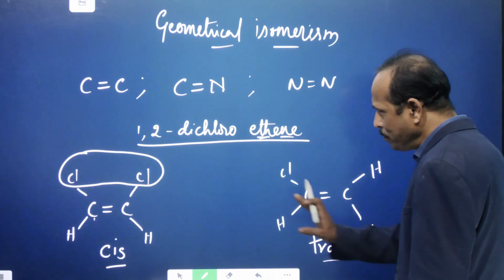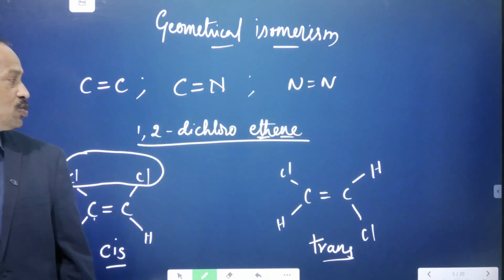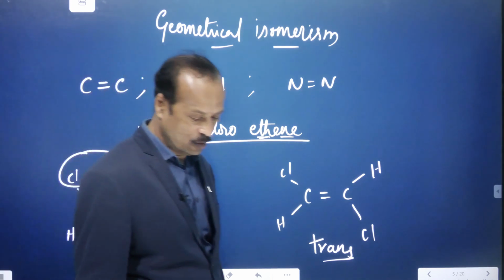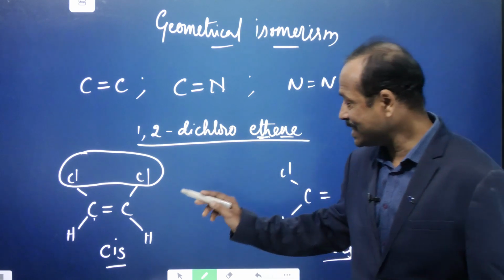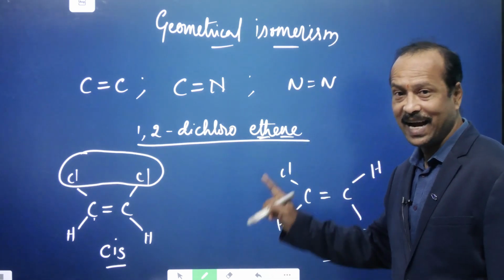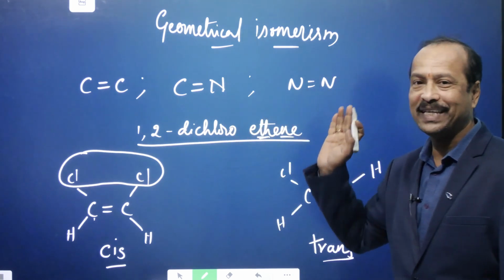So now these two are called cis and trans isomers of 1,2 dichloroethane.